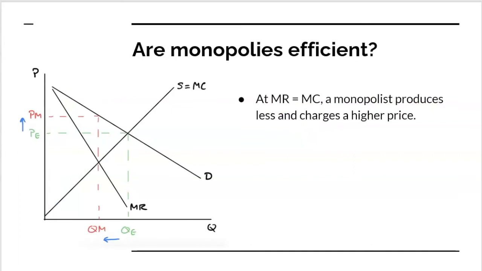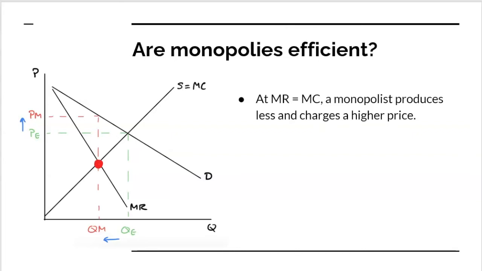However, with monopolies, and this also applies to oligopolies and monopolistic competition, really any market structure we're talking about within Unit 4, at MR equals MC, which is this point right here, a monopolist is going to produce less. Because remember, we stated that our marginal cost curve above the AVC is basically our supply curve here.